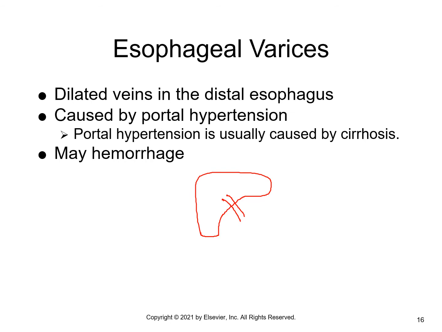Well, where does it get that deoxygenated, highly nutrient-rich blood? Well, the portal vein is the combination of the splenic vein and the superior mesenteric vein. The splenic vein is bringing deoxygenated blood back from the spleen, and the superior mesenteric vein is bringing deoxygenated blood back from the bowels.